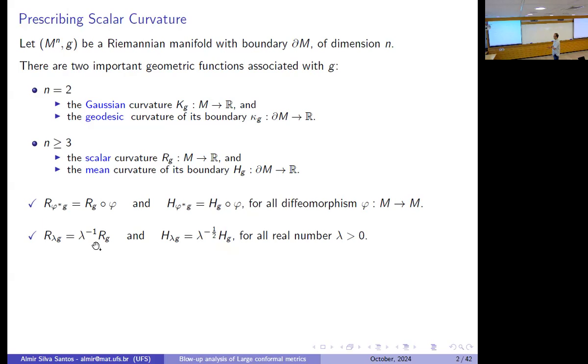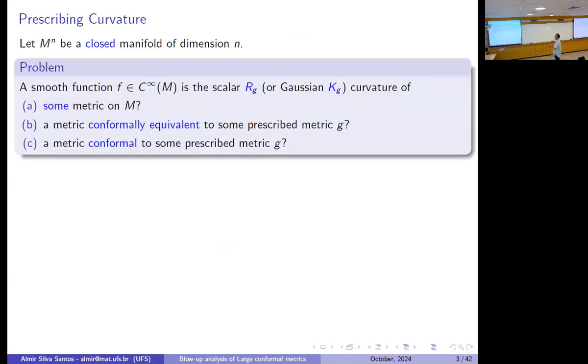Okay, thank you. The Gaussian curvature is a particular case of the scalar curvature, which only has this naming in dimension 2. And the problem that we are interested in is the prescribed curvature. Firstly, in the closed case, when the boundary is empty and the manifold is compact, we can study this problem in 3 different ways.